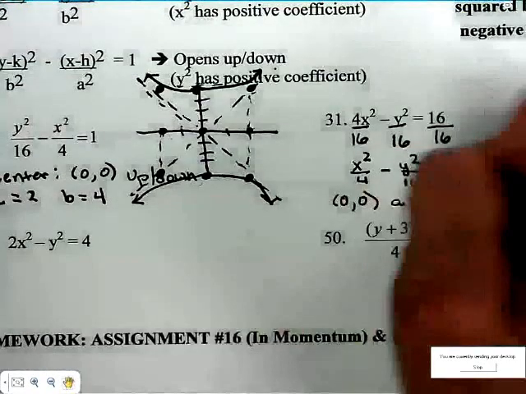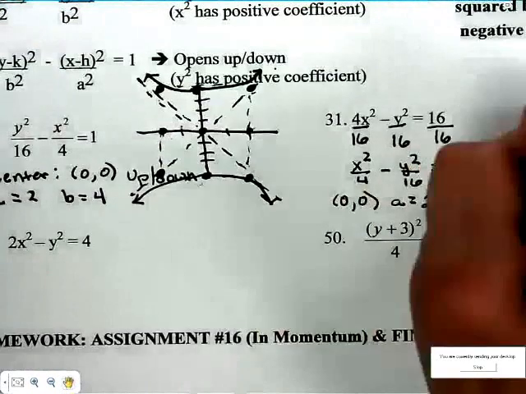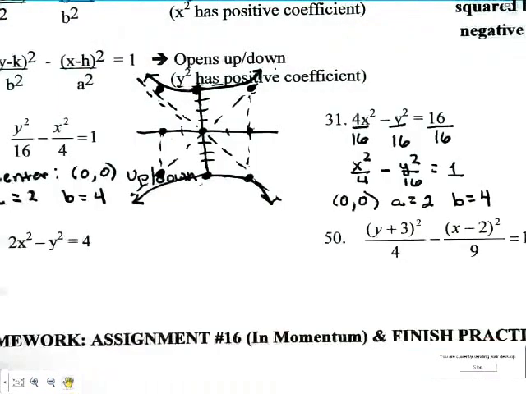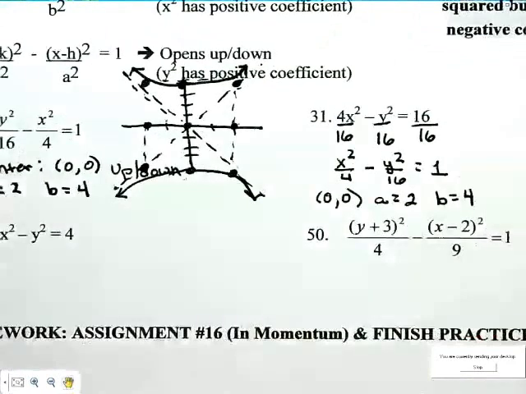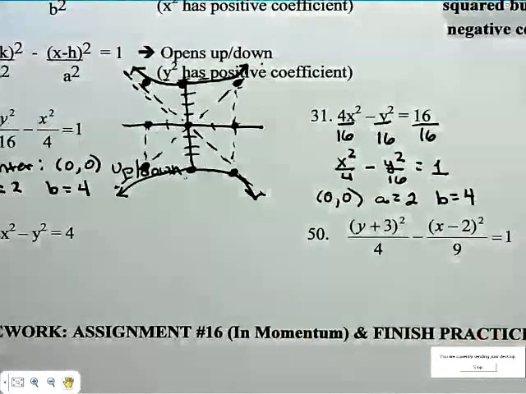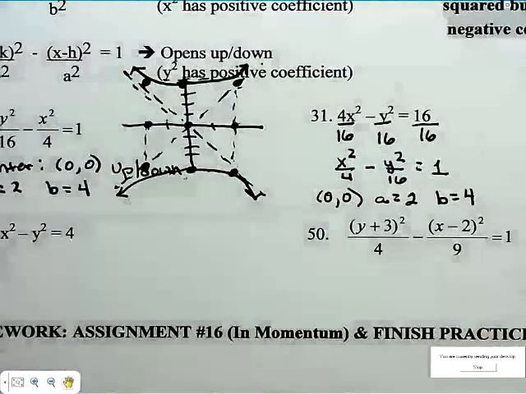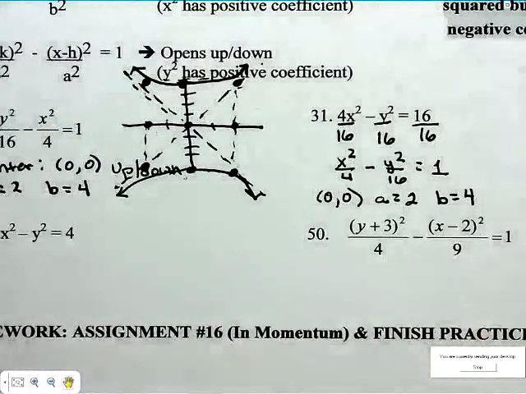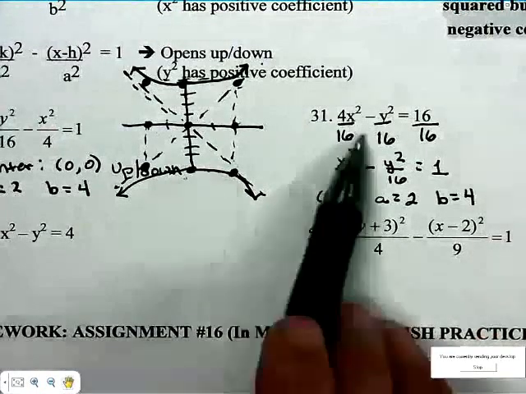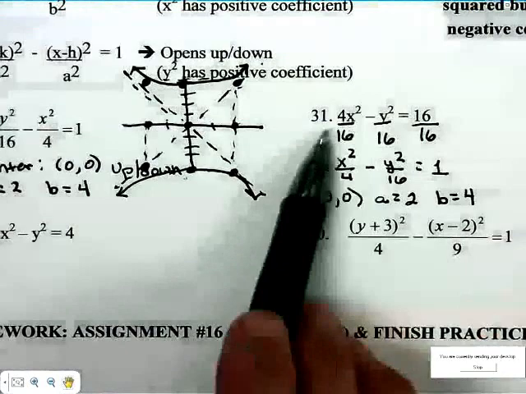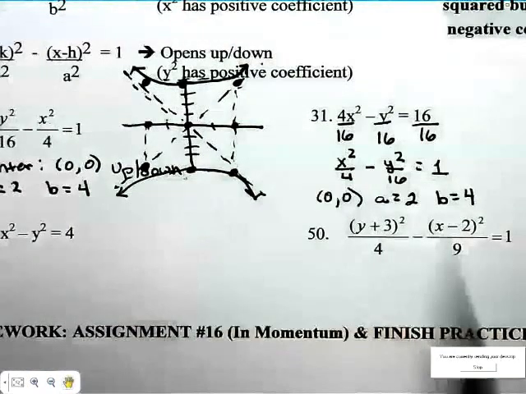And B is the square root of the constant under the y's. That'd be the square root of 16, which is 4. The only other thing I need to know before I graph is, does this hyperbola open up and down or left and right? It's the x squared that has a positive coefficient, so it opens left and right.